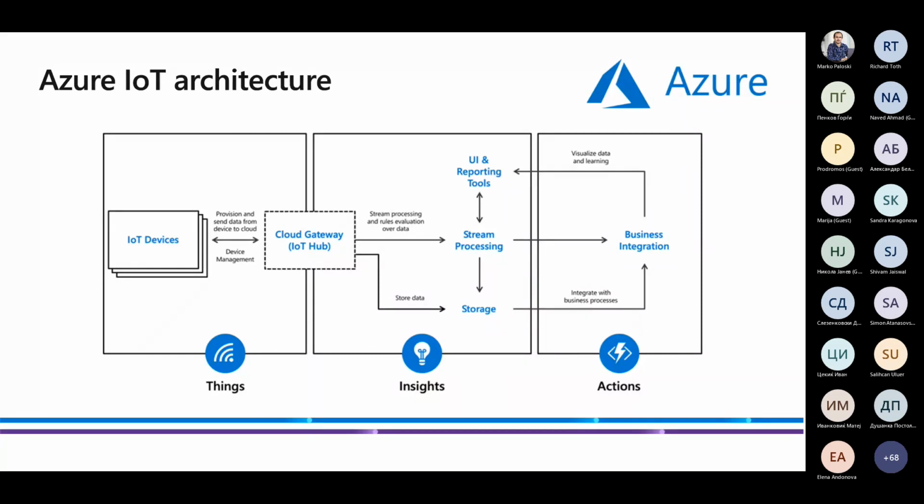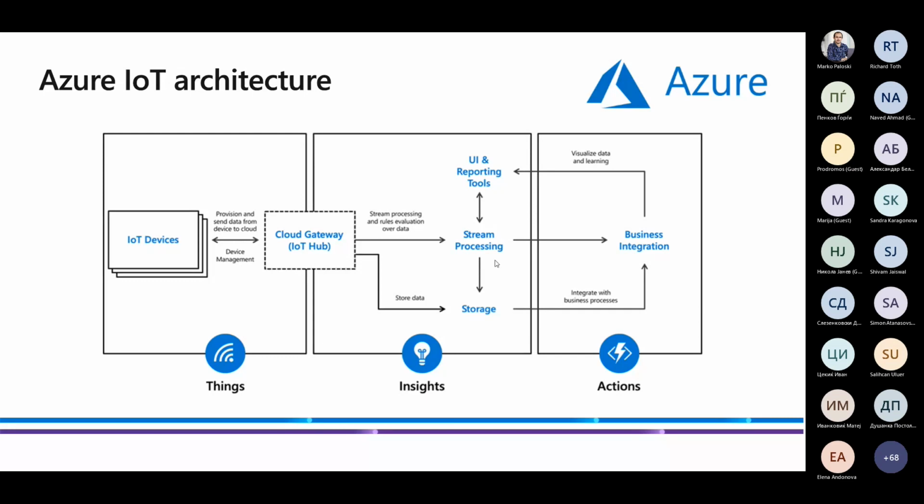Moreover, we have devices here that can securely register with the cloud and send telemetry data. Alternatively, multiple devices might communicate locally with an edge gateway device. Then we have a cloud gateway service or hub to securely read the incoming data and provide some device management capabilities.